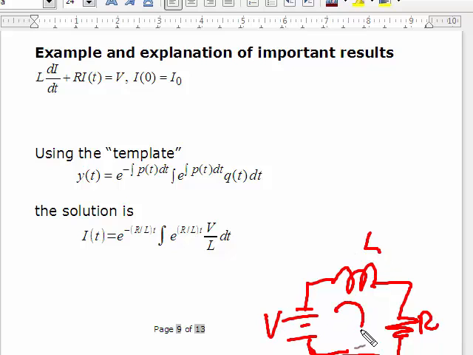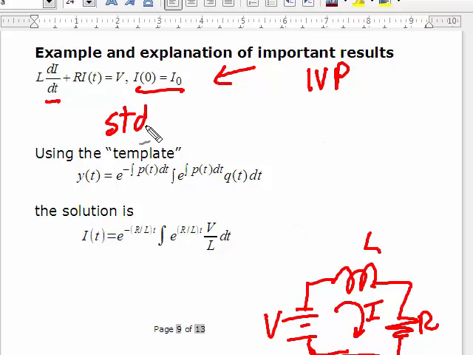And I want to find the current that's flowing around this circuit, and here's a differential equation that describes it. First order, I need one initial condition, so this is an initial value problem. I'm going to use the method of using an integrating factor, so I have to put it in standard form. And here would be the standard form.